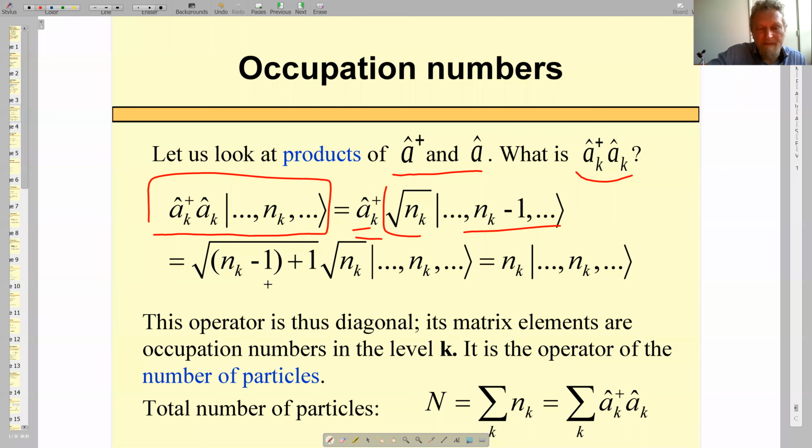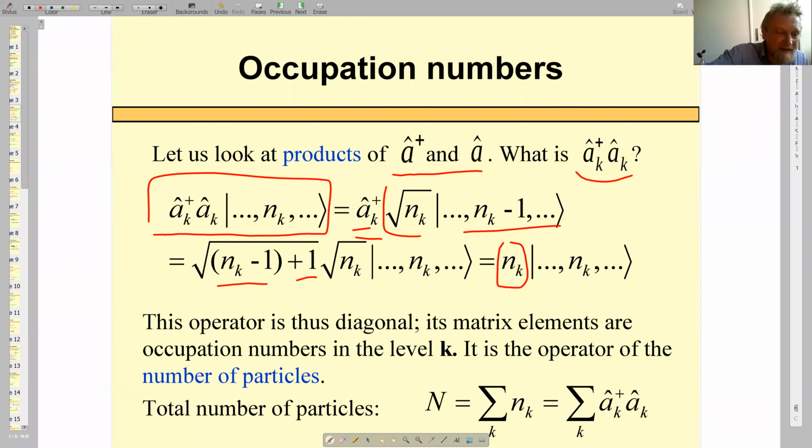Since I have deleted one particle, I have to multiply it with the square root of n once again. So what I get is n_k, precisely the number of particles at this particular level, in this particular basis state.